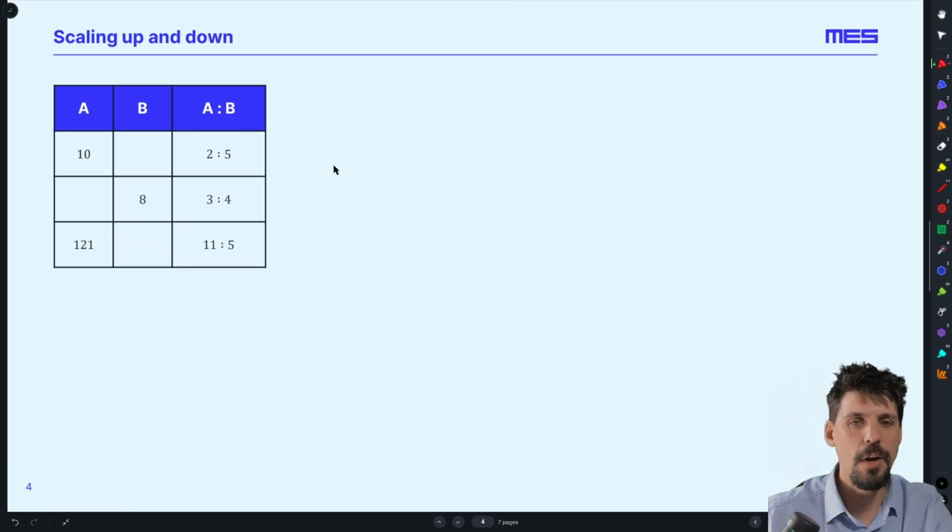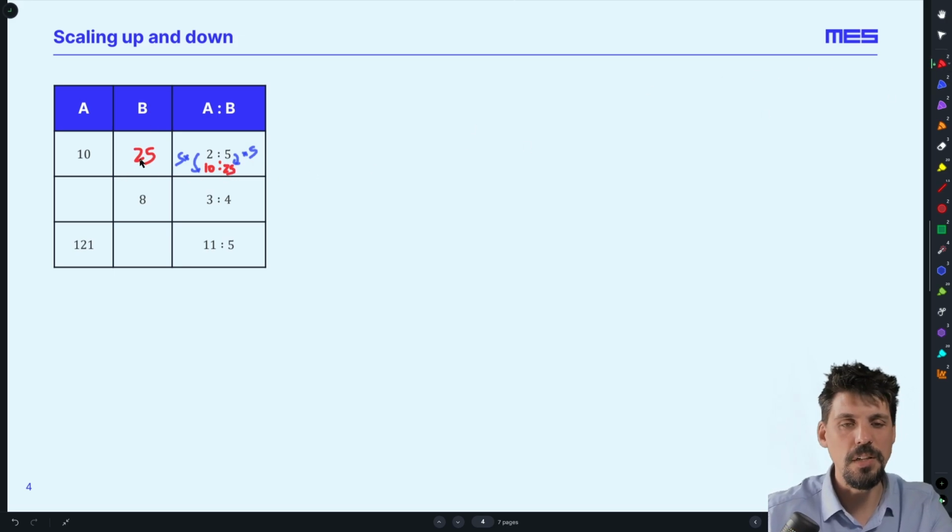Now we can work the other way round. Now, A to B. If I know there are 10 A's, how many B's are there? Well, what would I need to do to my ratio to get 10 A's? I would have to multiply it by 5, which means I multiply the B by 5, which is going to give me 25B.